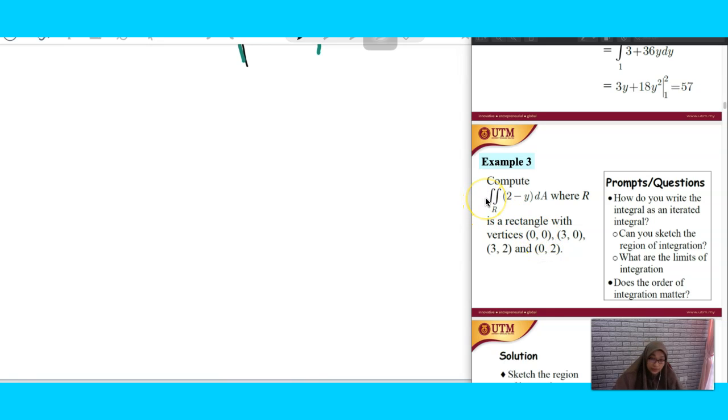Okay, so now the example 3. What we have so far is the integrand 2 minus y dA over the region. This kind of question is very general. The hardest part here is deciding which to settle down first: whether you find the limit and then determine the order, or determine the order first and then the limit.